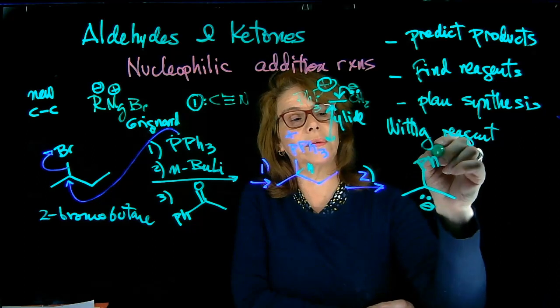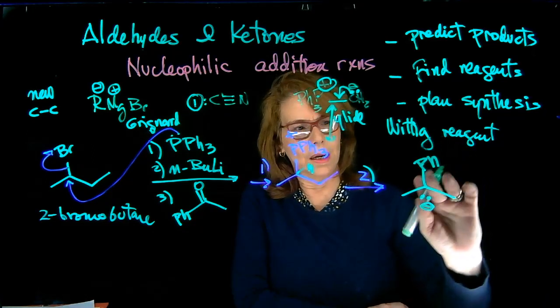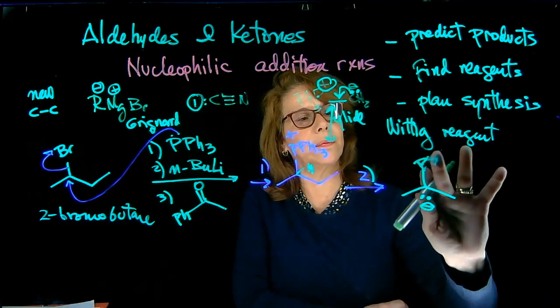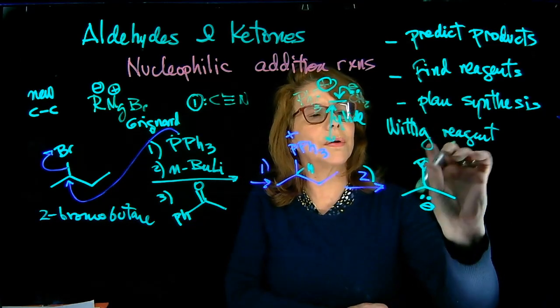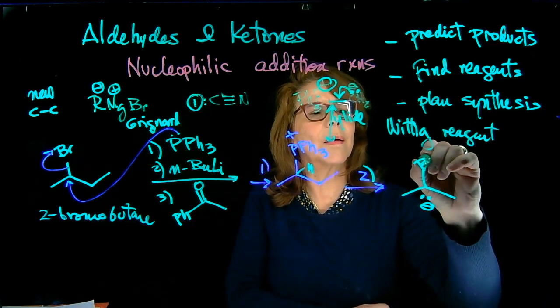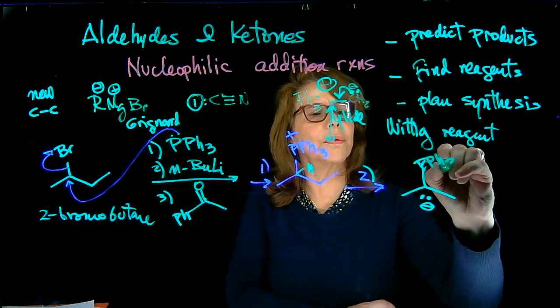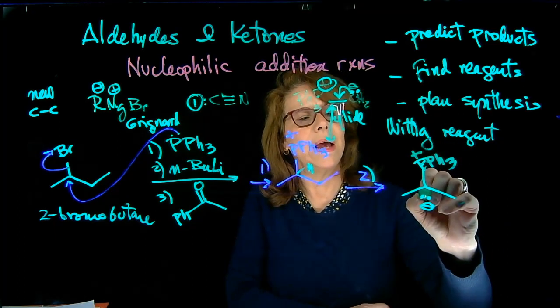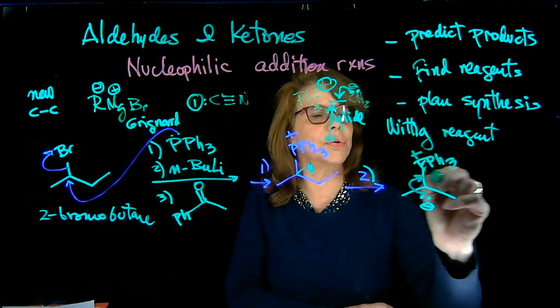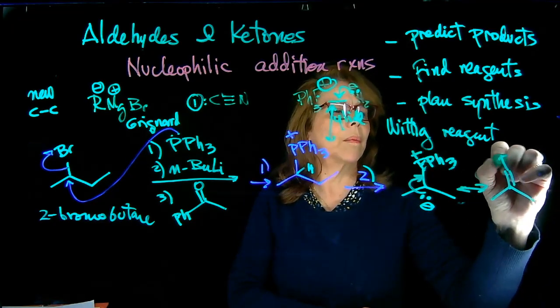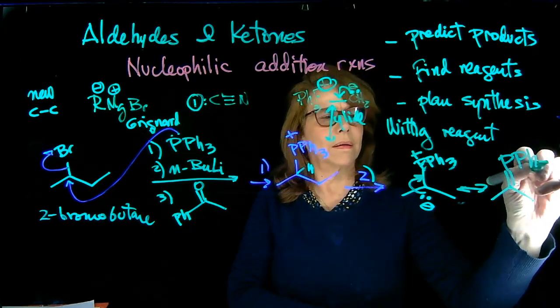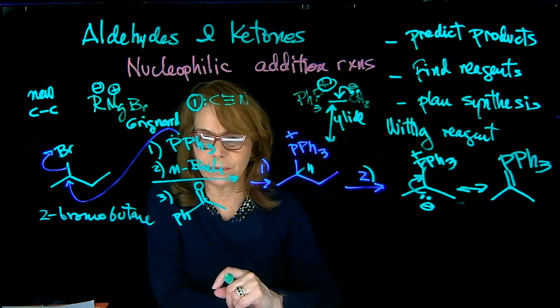Well, it is an ylide, because we have a positive and a negative, right? So here we have this, and that has a positive, and I have a resonance structure, and in my resonance structure, I have this double bond. That is making my Wittig reagent.